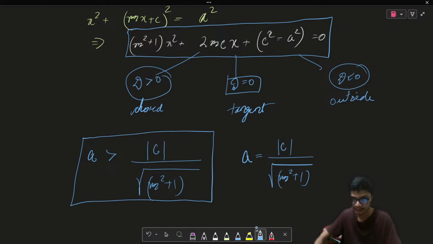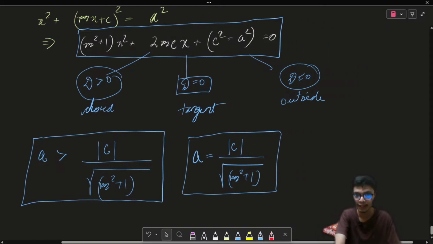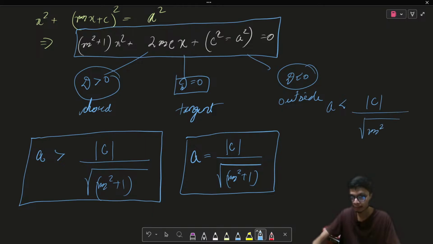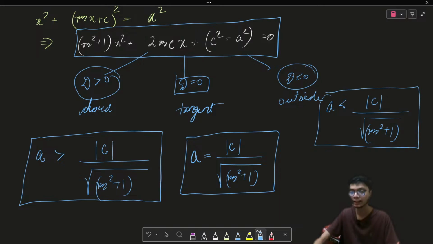This is the condition for tangent. And for the line to lie outside the given circle, the condition is that this a value should be less than mod of c divided by root of m square plus 1. So this is the condition for lying outside the circle.